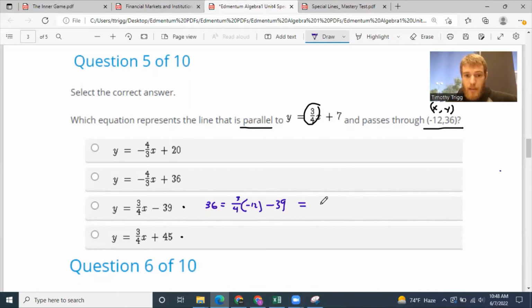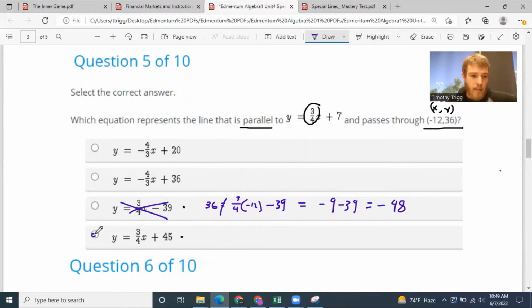So this becomes negative 9 minus 39, which is negative 48. So is this equal to the 36 here? Well, no, it's not equal. So that means this is not the correct answer. Even though this line would be parallel to this, it does not pass through this point.